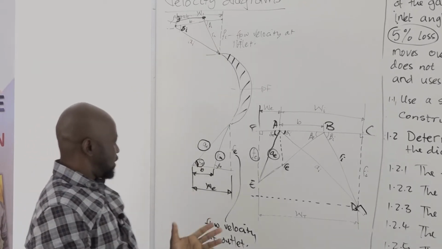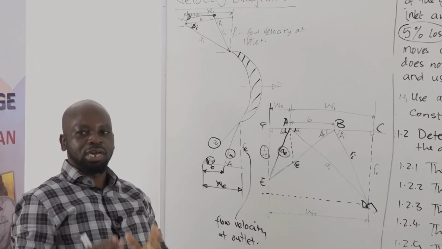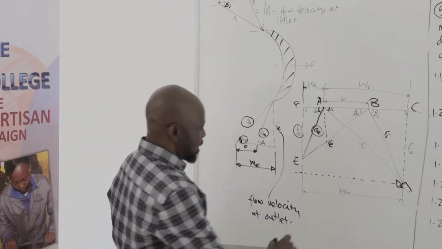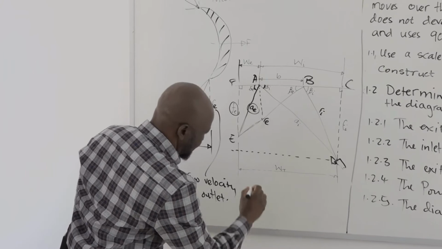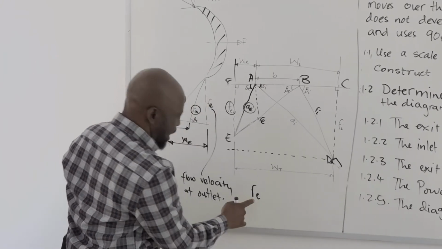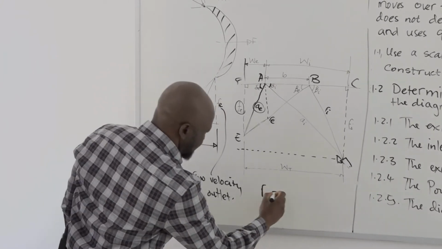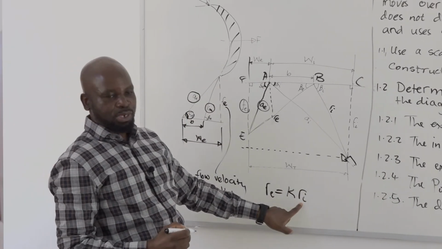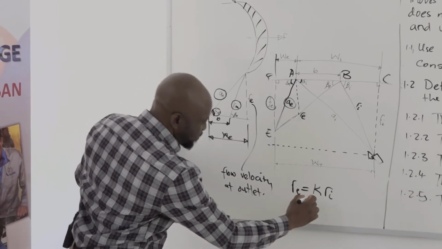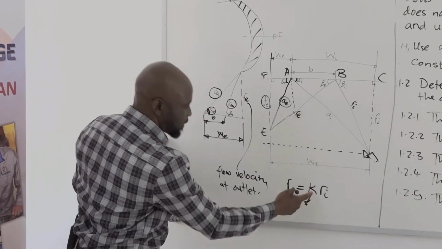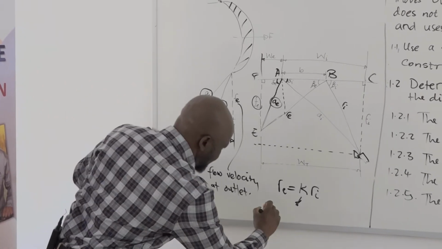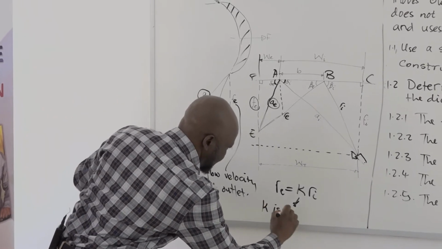What's the relationship between the outlet relative speed and the inlet relative speed? Re, being the outlet relative speed, is equal to K Ri, being the inlet relative speed. This K takes into consideration the frictional losses that take place, which means that K is the friction factor.